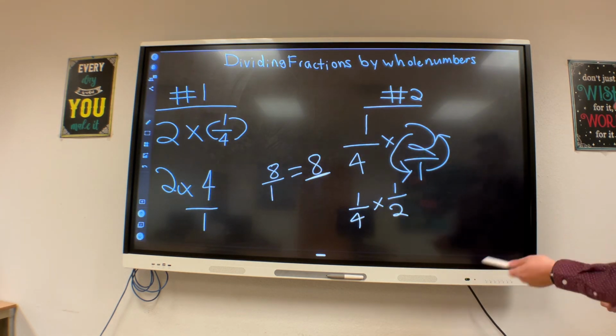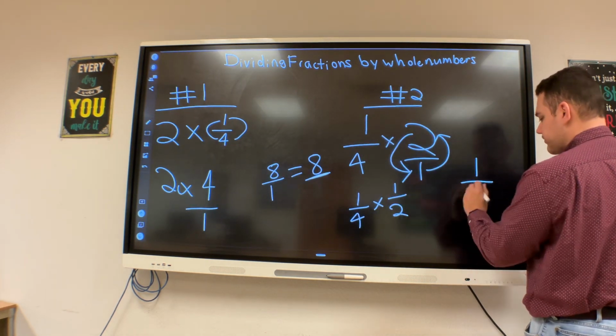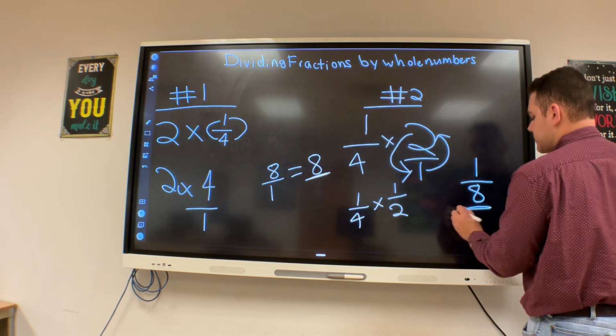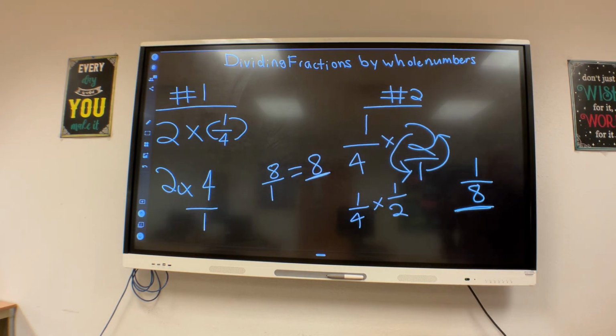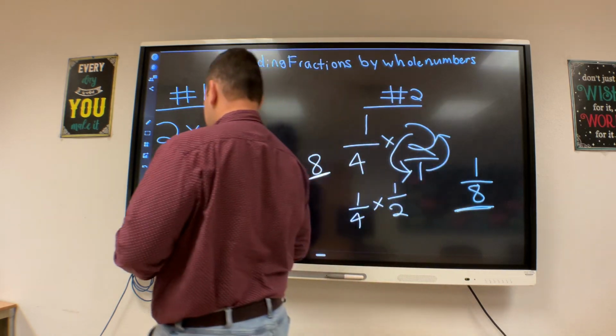And then we multiply across. 1 times 1 is 1, 4 times 2 is 8. So it works whether you're doing fraction on fraction, fraction and whole number, any way you're doing it. You skip, change, and flip.